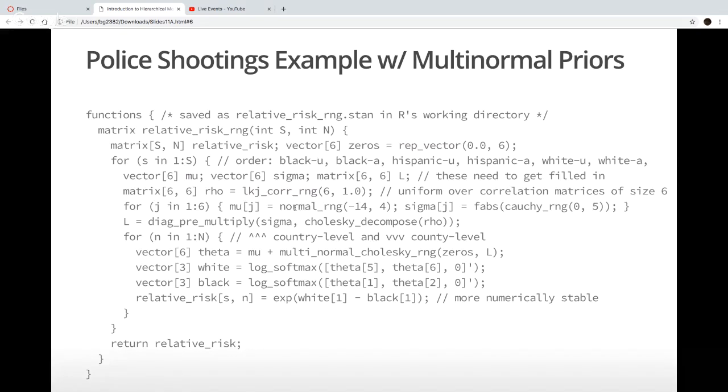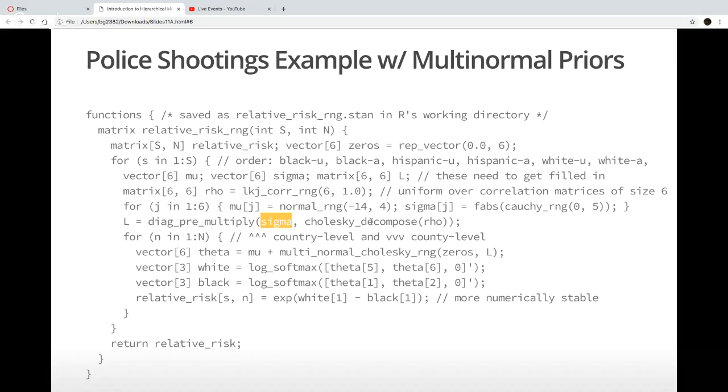Those mu's were taken from a normal with mean negative 14.4, and the sigmas were half Cauchy with a scale parameter of 5. So we fill in those for the 6 different types of people, and then L gets filled as these standard deviations, which we just got, times the Cholesky factor of our correlation matrix.